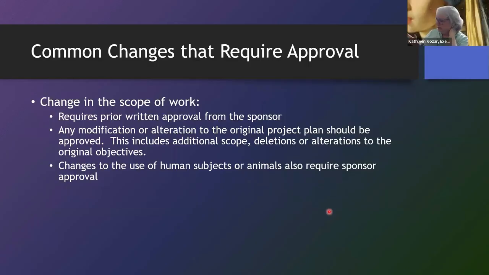A lot of that is a judgment call that has to be made in discussions between you and the principal investigator. Any changes to the use of human subjects that were described in the grant proposal and then approved by NIH, or the use of animals, also require sponsor approval.